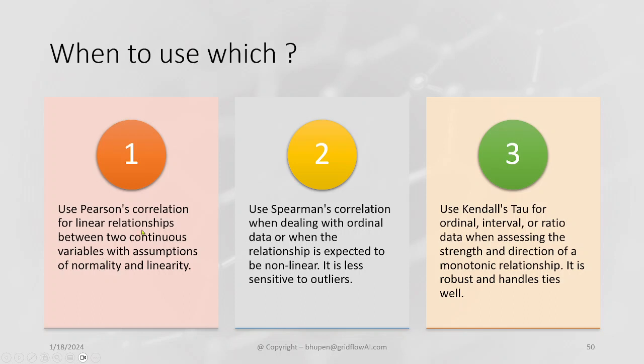So in a perfect numeric situation where we have a Gaussian pattern and linearity, we use Pearson's correlation. Spearman is typically used in both the cases, but mostly it is used when you have discrete and nonlinear pattern. Kendall tau is definitely used when you have nonlinear data and rank and ordinal data. Kendall tau is not used when you have continuous data. Spearman can be used when we have continuous data as well.